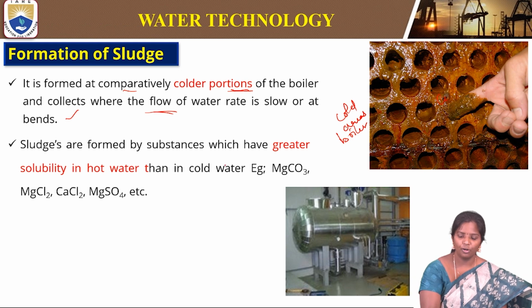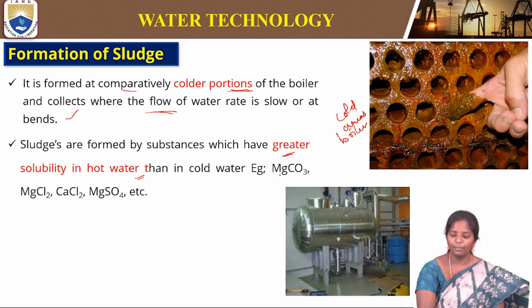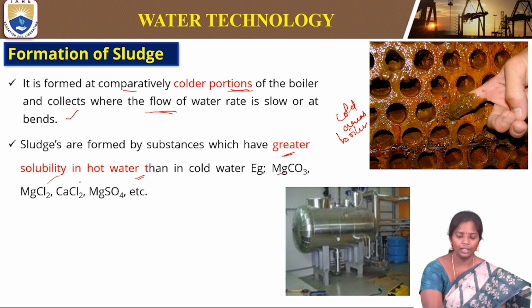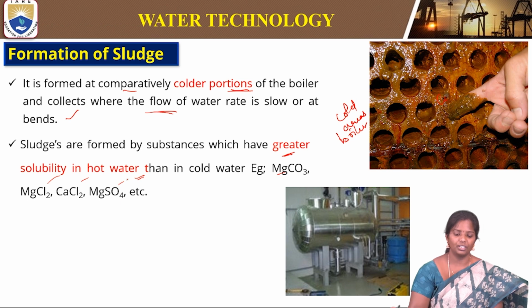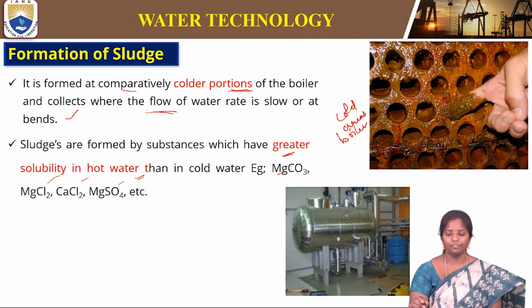Sludges are formed by substances which have greater solubility in hot water than in cold water, for example magnesium carbonate, magnesium chloride, calcium chloride, magnesium sulfate. These are some of the sludge forming salts that affect the boiler.